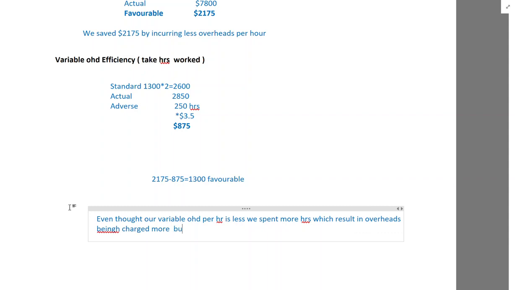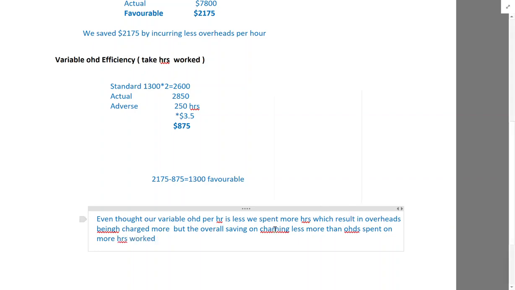But the overall saving on charging less is more than the overheads spent on more hours worked.